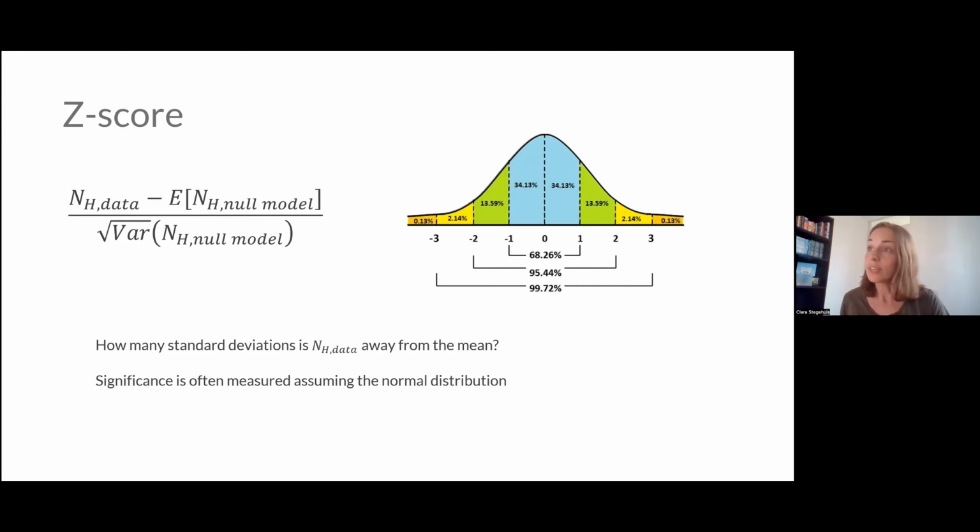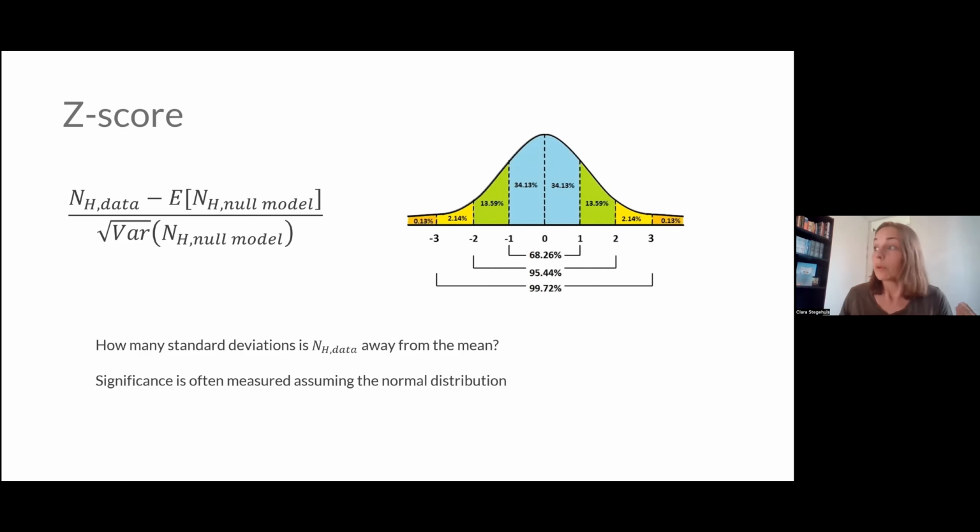And then what often happens is people calculate the z-score. So H is a specific subgraph. Let's say we are talking about triangles. I know how many triangles appear in my data. I can count that. And then I generate all these random graph models, and I count again the number of triangles.